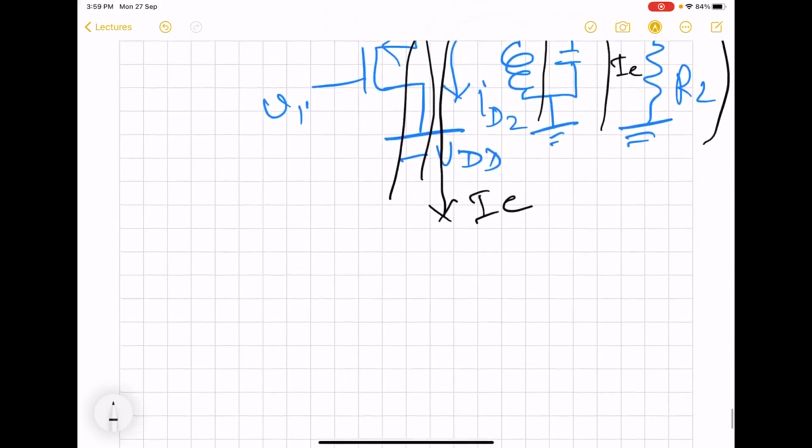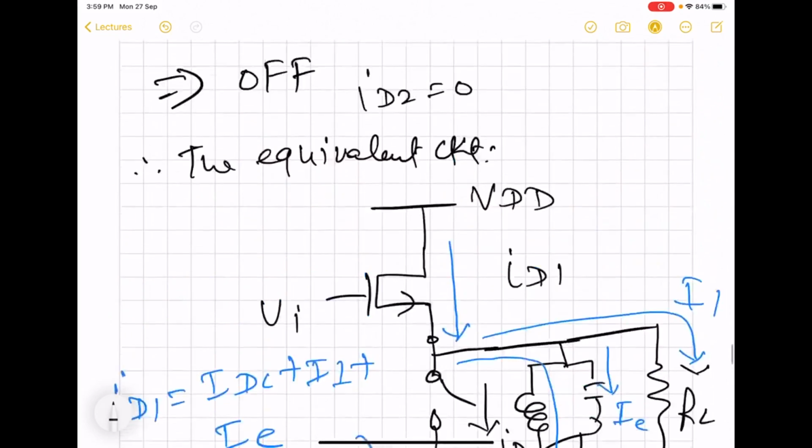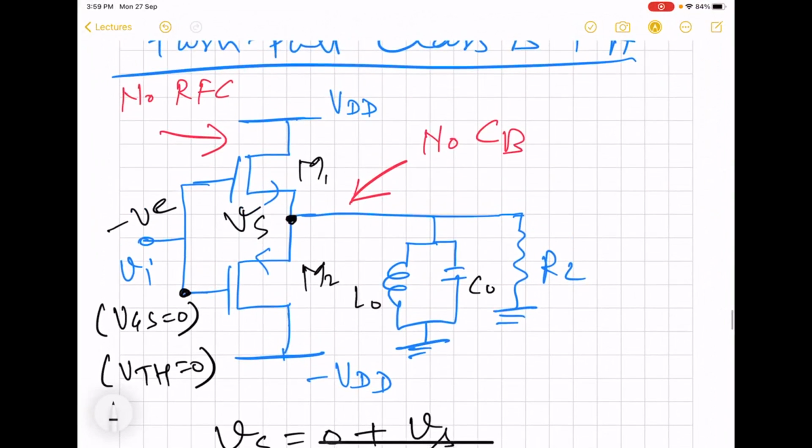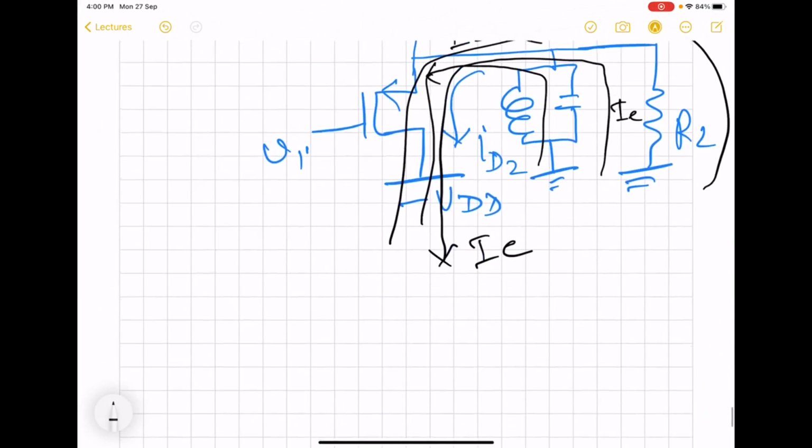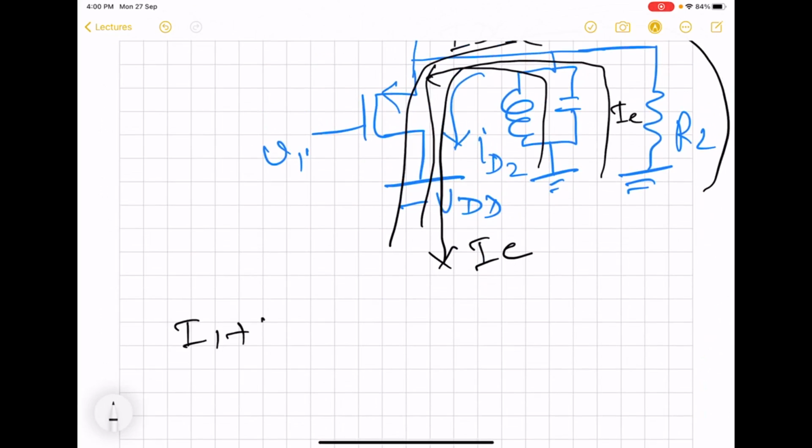Now what we see is, if you see the complete circuit here, then here we have ID1, here we have ID2, and then here we have the fundamental flowing through this loop. So this I1 plus ID1 is equal to ID2.